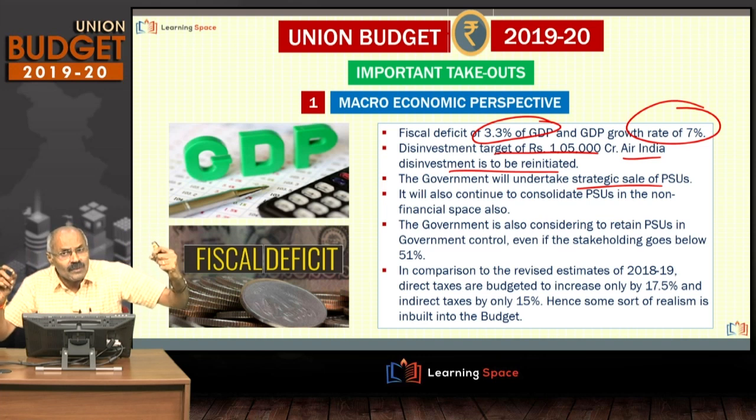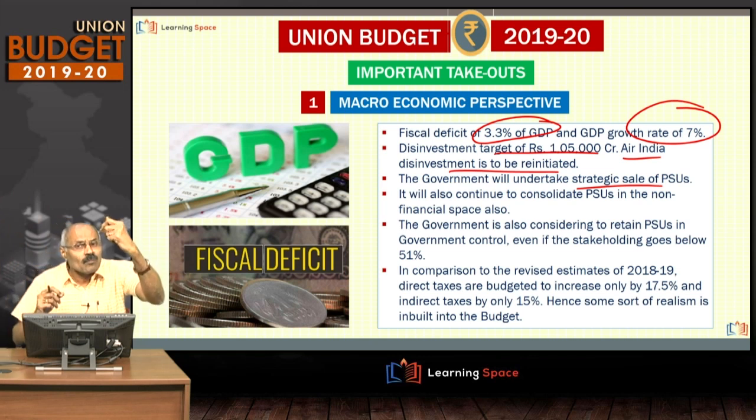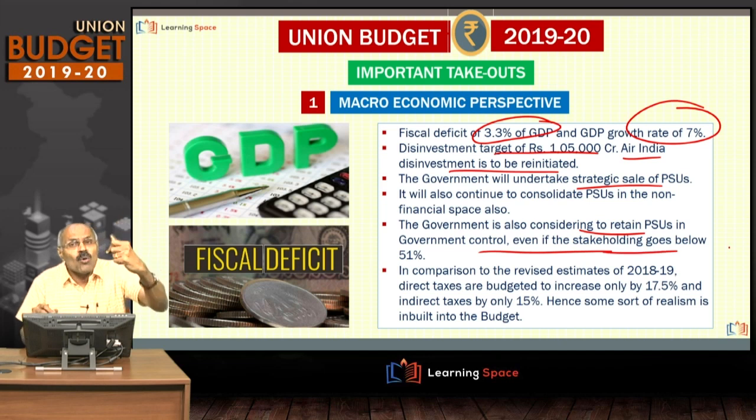All of you are familiar with consolidation in the public sector banks, and similar consolidation will take place in other public sector undertakings also. Then most important point, please don't forget, the government is considering retaining public sector undertakings in government control, even though the stakeholding goes below 51%. What exactly do you understand by it?